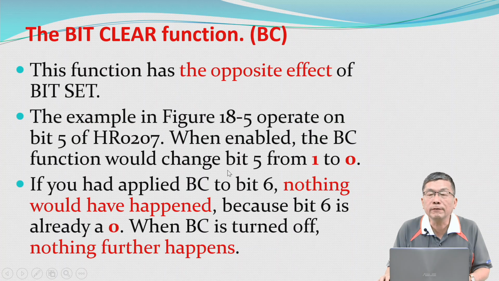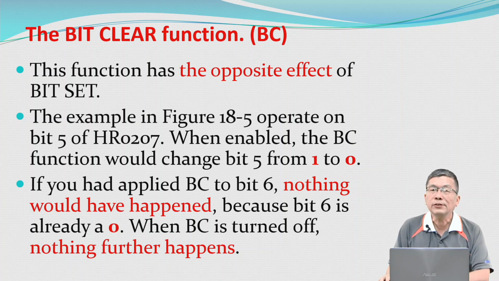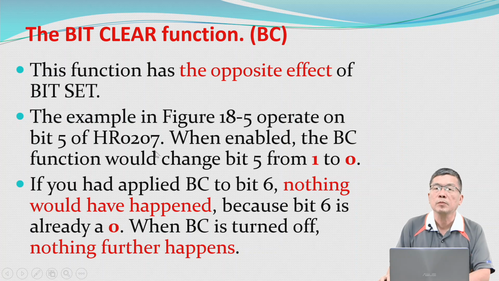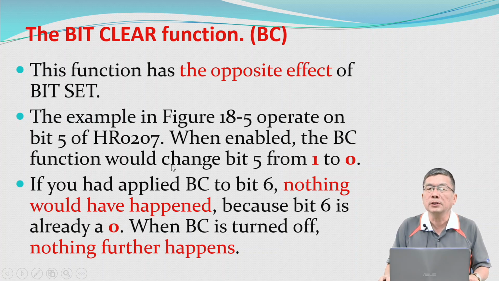The bit clear function has the opposite effect of bit set. The example in figure 18.5 operates on bit 5 of holding register 207. When enabled, the BC function would change bit 5 from 1 to 0.